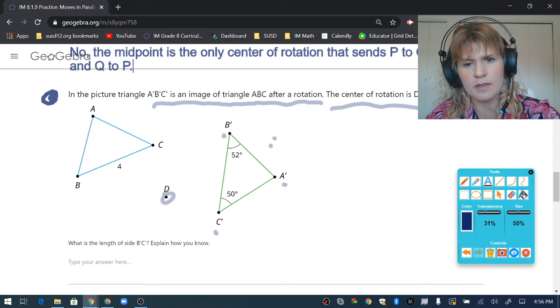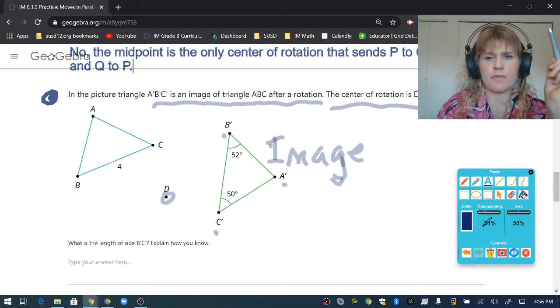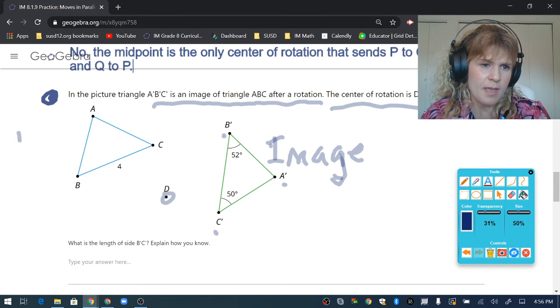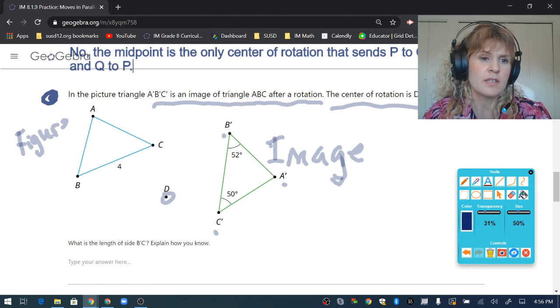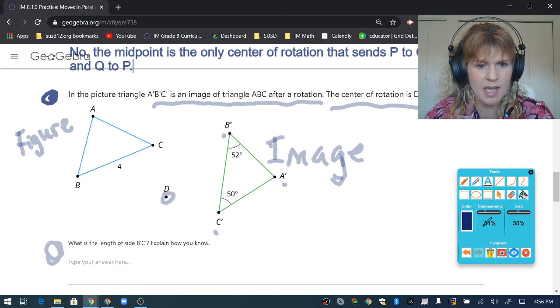This triangle is the image. Remember, the image is what we call it after a transformation. So ABC is the original figure. That's our starting point.